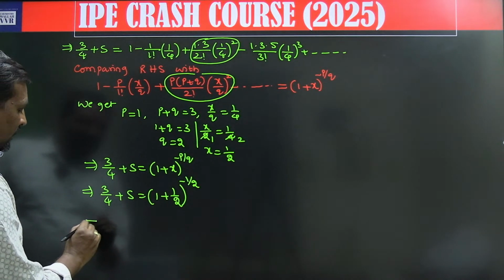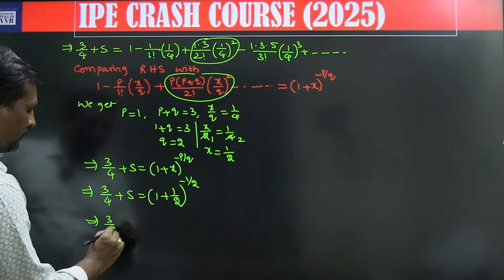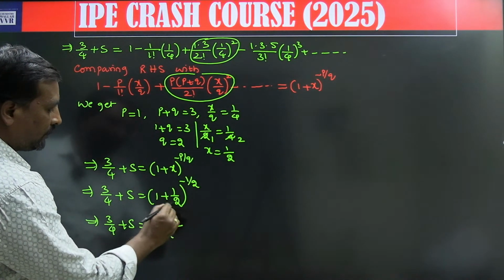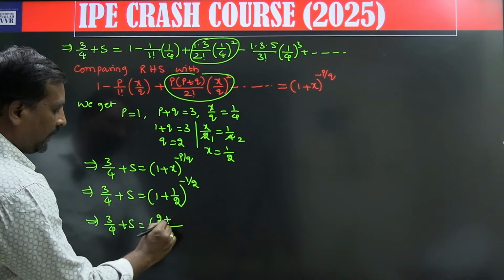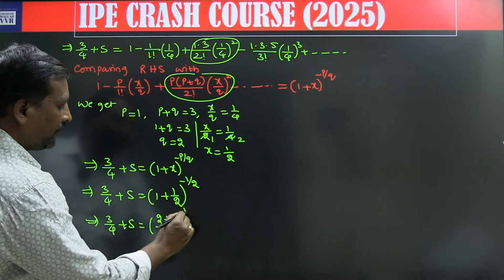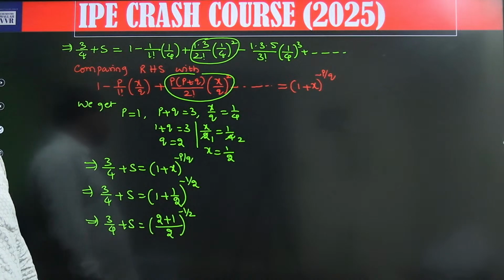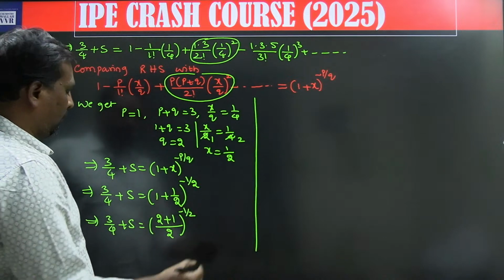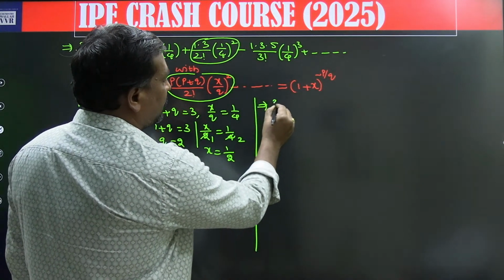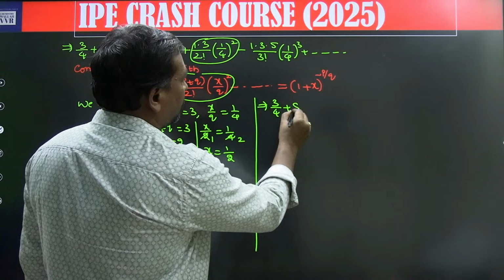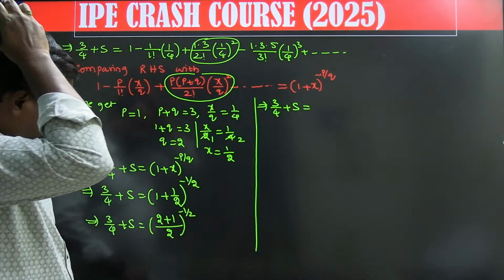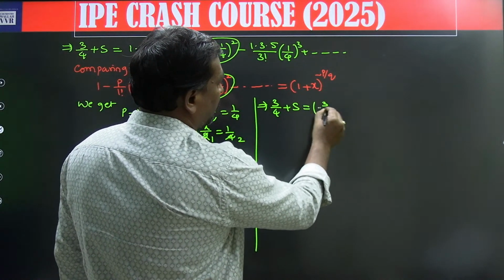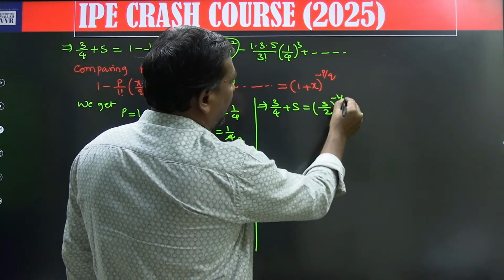Here 2 is the LCM, so 2 plus 1 over 2. So 3 by 4 plus S is 3 by 2 whole to the power of minus 1 by 2.